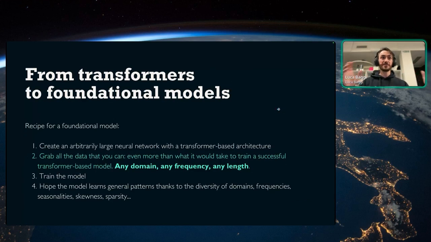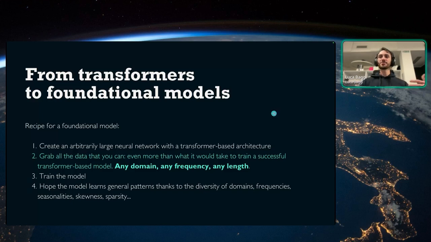You take an arbitrarily large transformer-based neural network, and you grab any possible time series data that you can find. You train the model on all of that, and hope in the end that this model learns how to pick up all those patterns, regardless of the domain, the frequency, the seasonality, and the skewness.